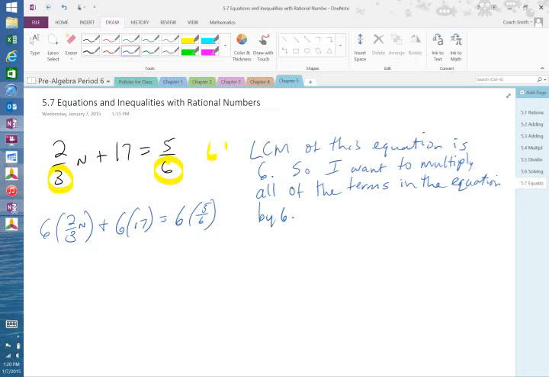Now, here's why we do that. We can look at it as 6/1 and cross-cancel. 3 goes into 3 once, and 3 goes into 6 two times. That leaves me with 2 times 2n plus, what is 6 times 17?